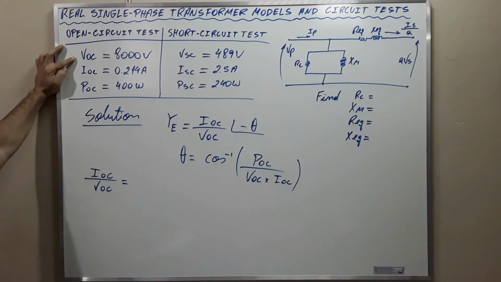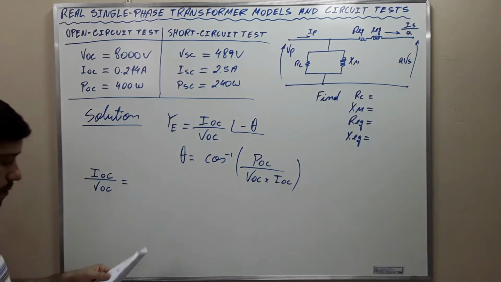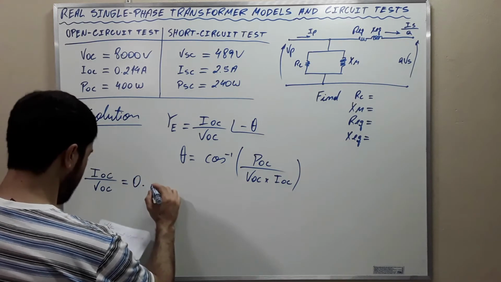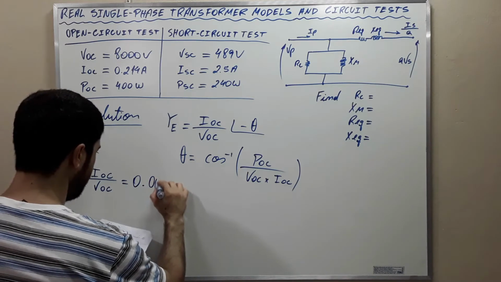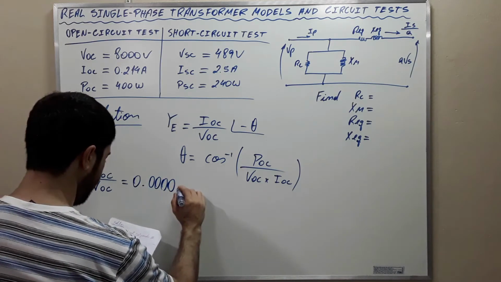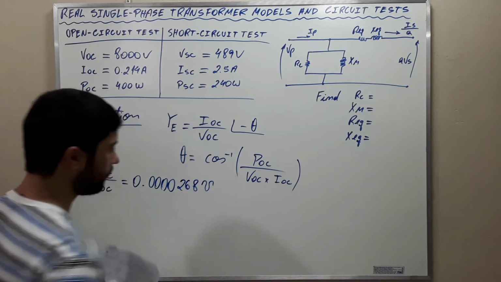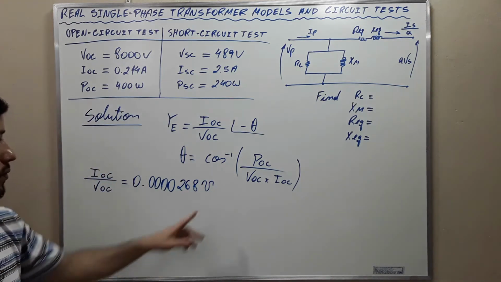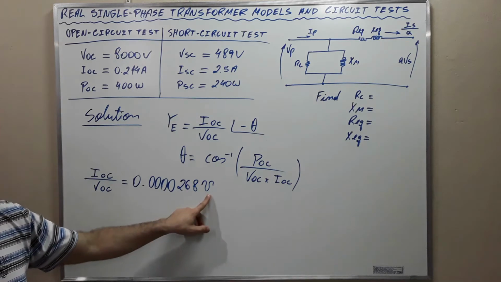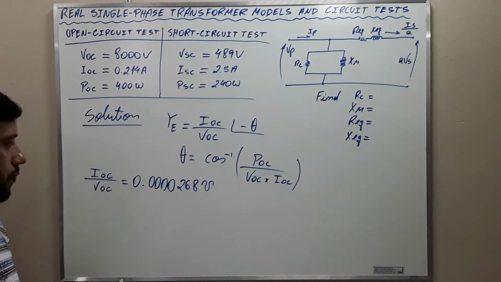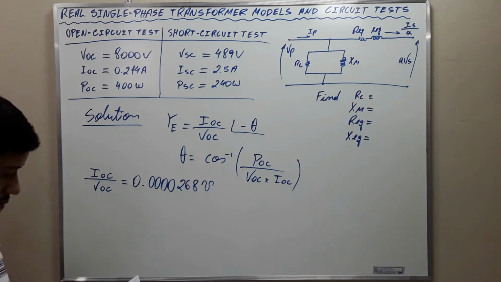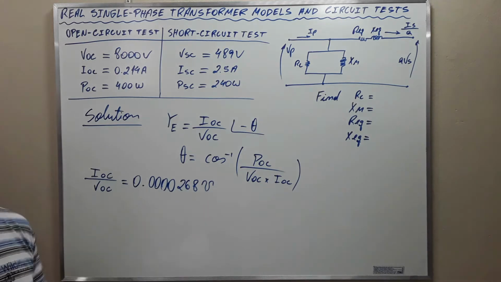If you use your calculator, you are going to find 0.0000268. This is the mho or Siemens, which is the inverse of ohm.